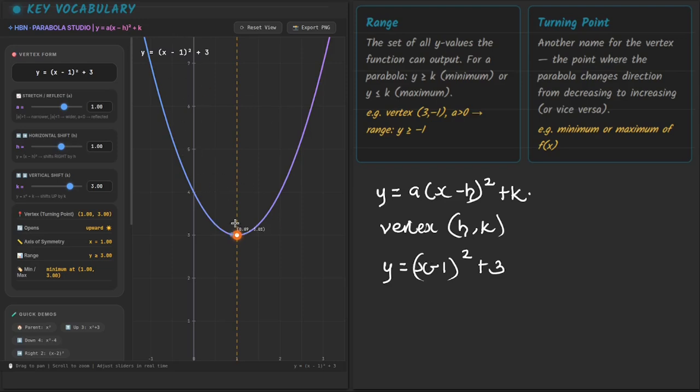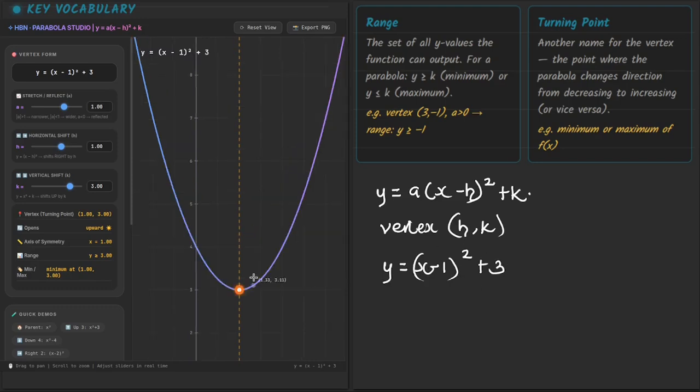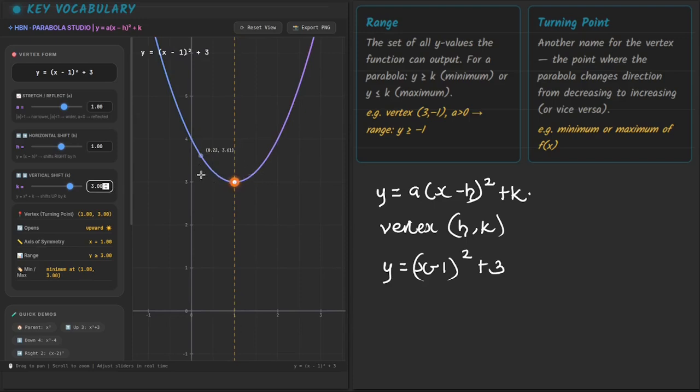So that is what I have graphed over here. This is the graph of y equals x minus 1 all squared plus 3. You realize that by looking at the graph, we even have our vertex as what? 1, 3. And that is what we have here. So 1 and then 3. That is the vertex. So the vertex is what? 1, 3.